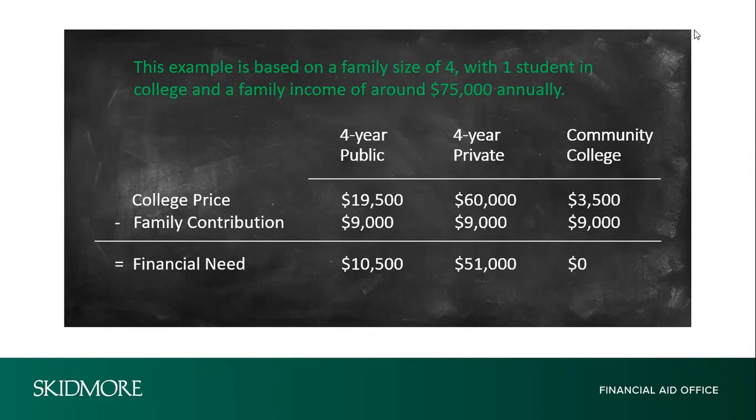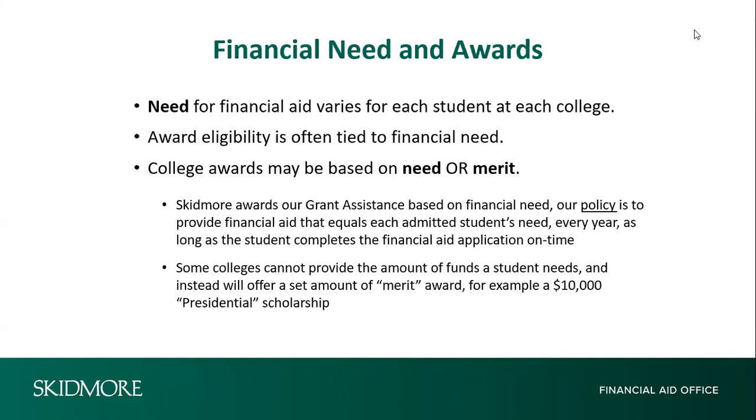And remember from that first chart of awards, financial need plays a big part in qualifying and eligibility for different types of financial aid. So need really varies from one college to the next based on the cost of attendance. Award eligibility is often tied to financial need.